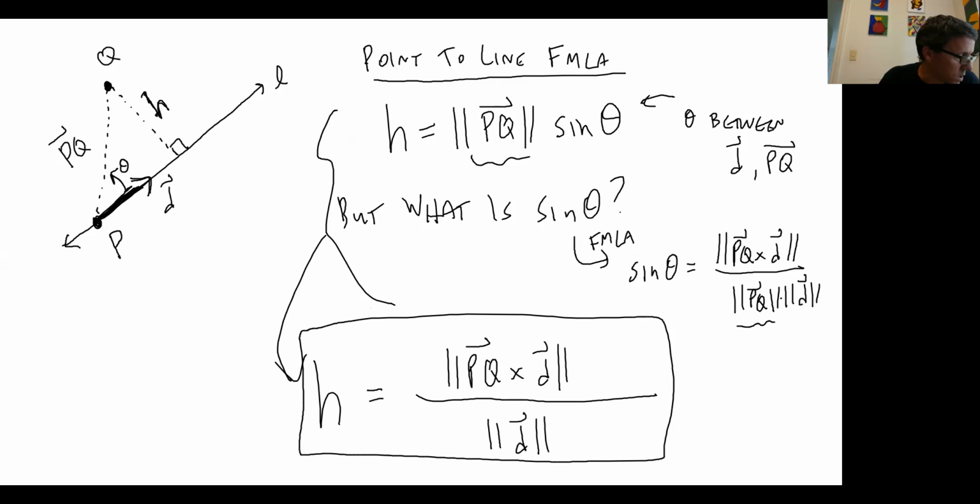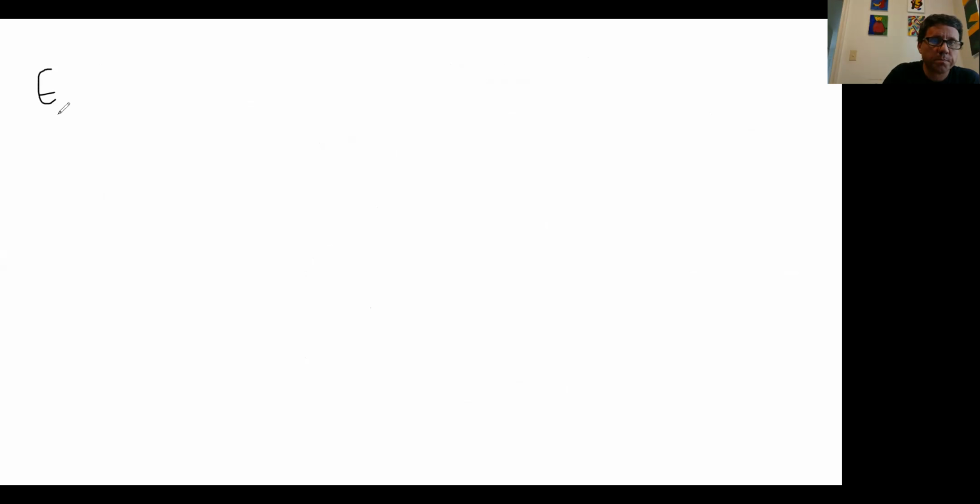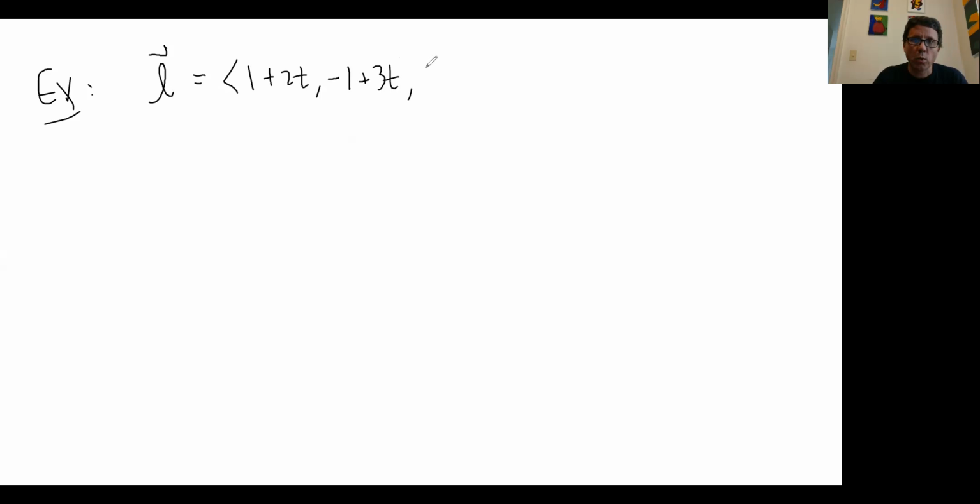So I'm going to try an example here. For example, let's suppose that this is my line in vector form: 1 plus 2t, negative 1 plus 3t, and 1 plus t.